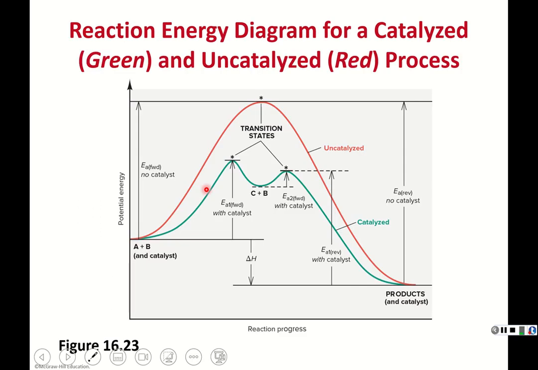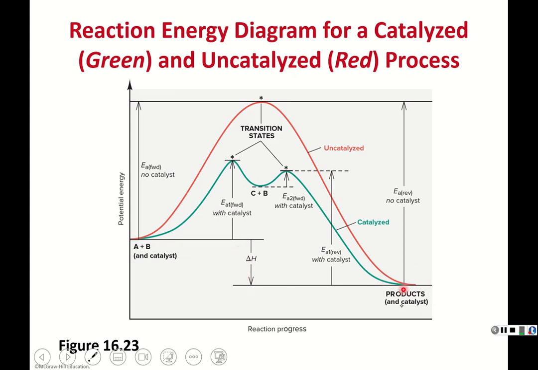If we look at a catalyzed reaction here shown in green versus an uncatalyzed reaction shown in red, you'll see that what's going on? Well, we're taking this larger activation energy and we're making it smaller. And by doing so, we're speeding up that reaction. What we're not doing is changing the potential energy of the reactants or the products, and thus we're not changing the delta H of the reaction or the delta G of the reaction.